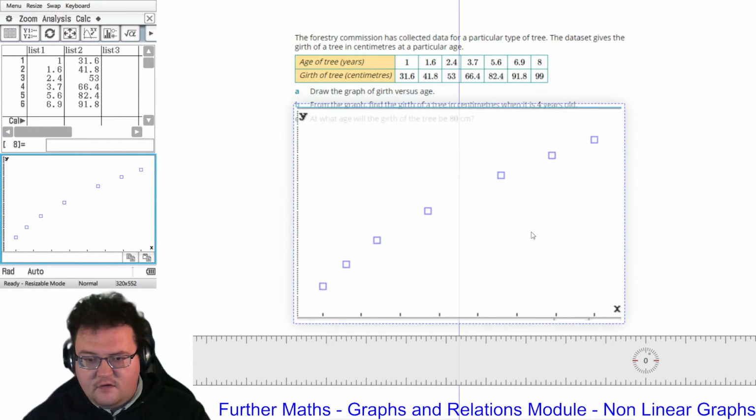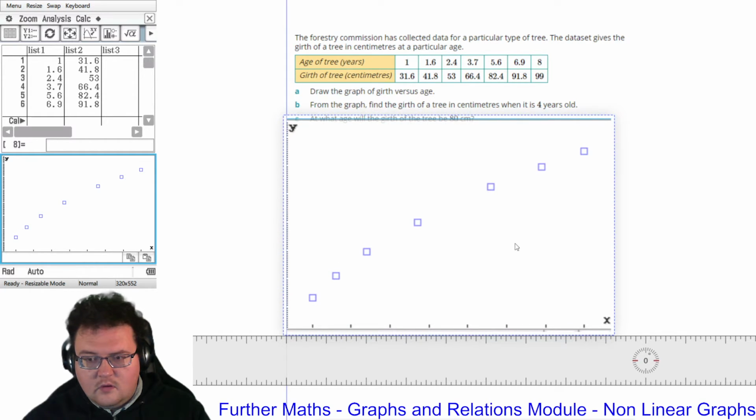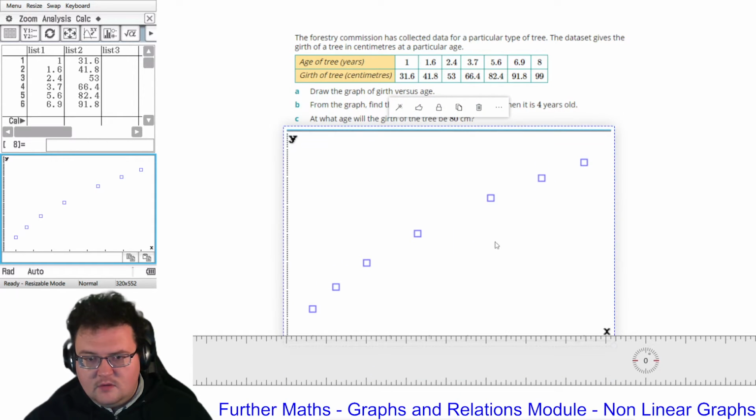So there's my graph. So I've got along the scale there, that's just years, 1, 2, 3, 4, 5, 6, 7, 8. And I've got a scale up and down the side there.